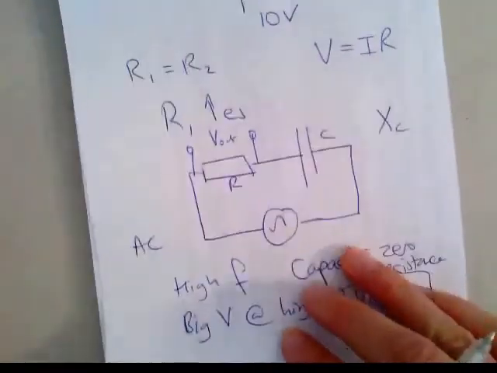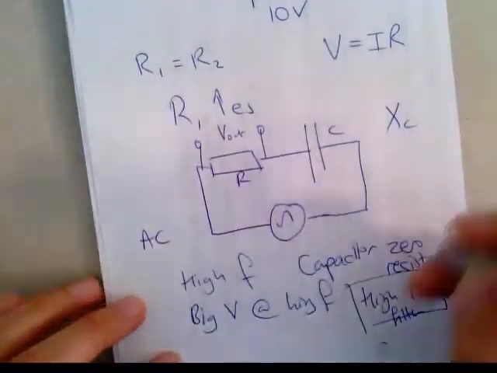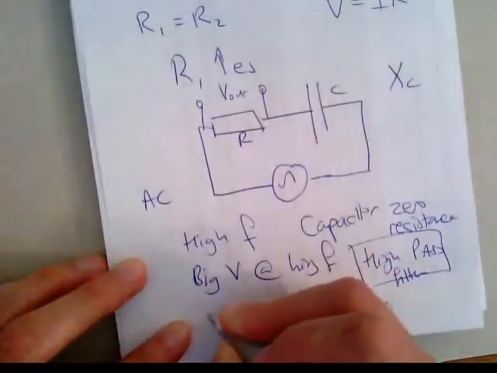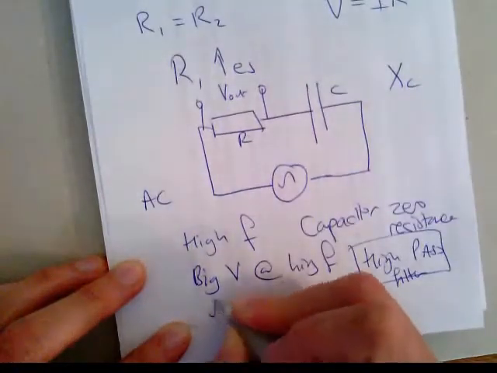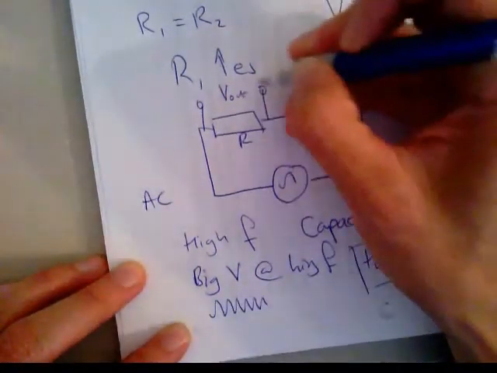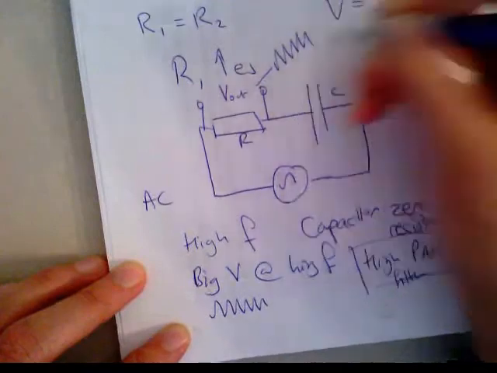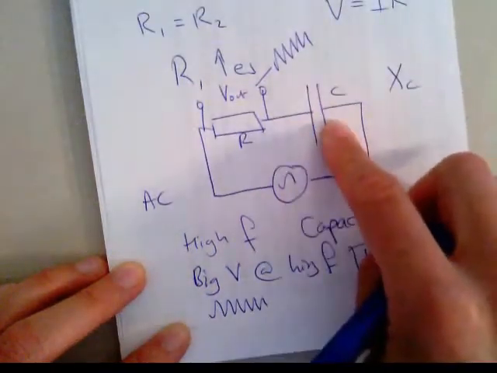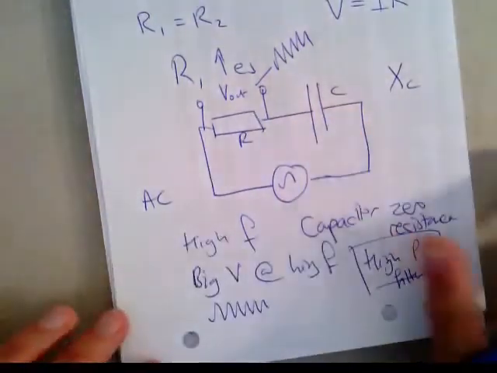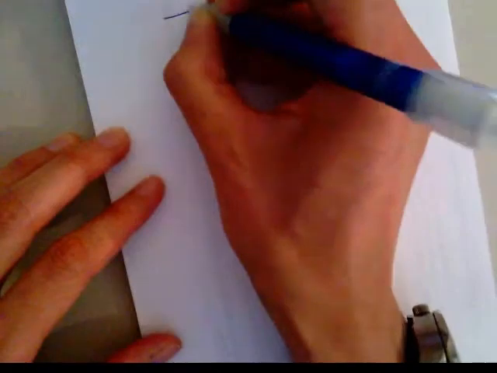So if your signal looks like this coming from the generator, it will look exactly the same out here, because if you were to measure across the capacitor, you would get nothing. When you look at RC circuits, it's important to remember that they always look the same.